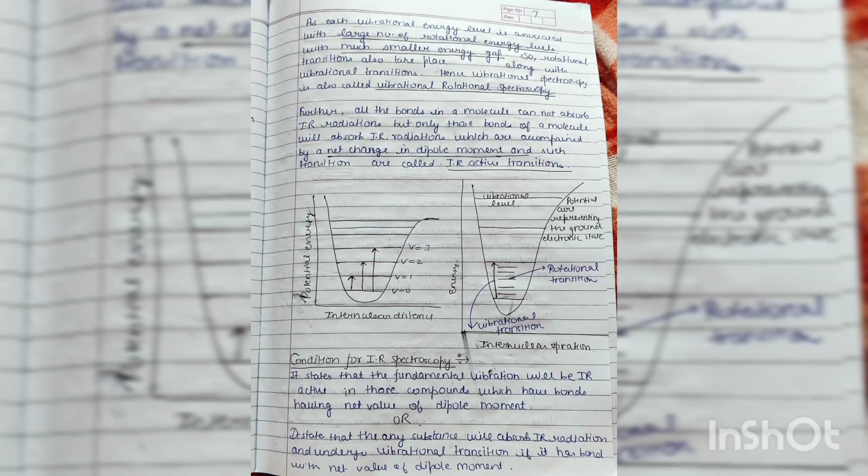It states that the fundamental vibration will be IR active in those compounds which have bonds having net value of dipole moment. Or it states that any substance will absorb IR radiations and undergo vibrational transition if it has a bond with net value of dipole moment.